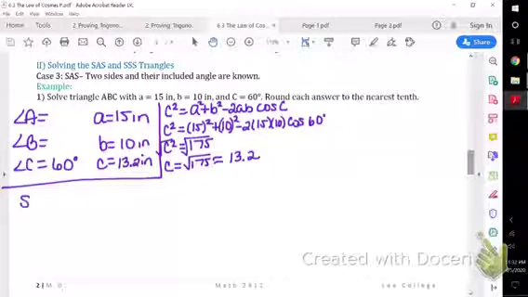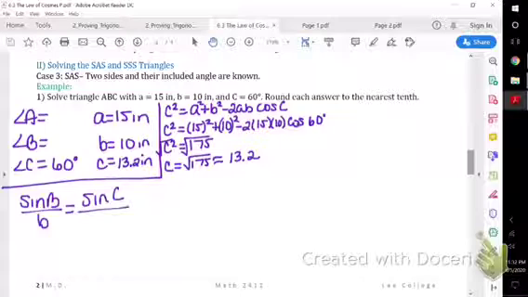And so remember, we had the formula that sine of angle B over side B equals sine of angle C over side C. Now remember, I'm not a big fan of using information that I just found, but it's not going to matter which way we go. We're going to have to use that 13.2, whether I use the law of sines or the law of cosines. So either way, if I miss it, I'm going to miss the next part anyways.